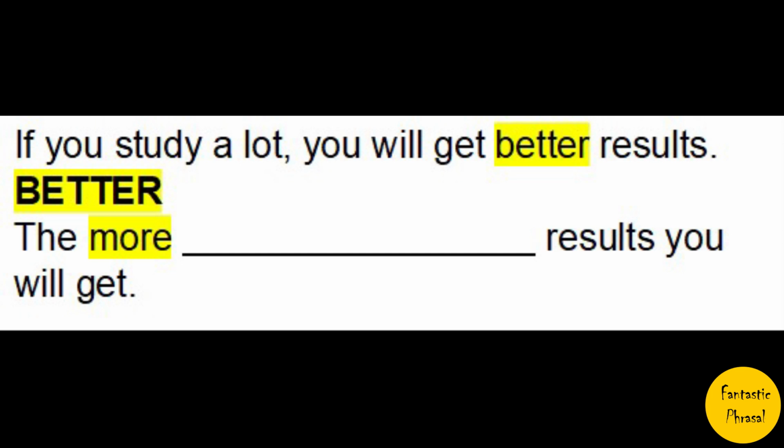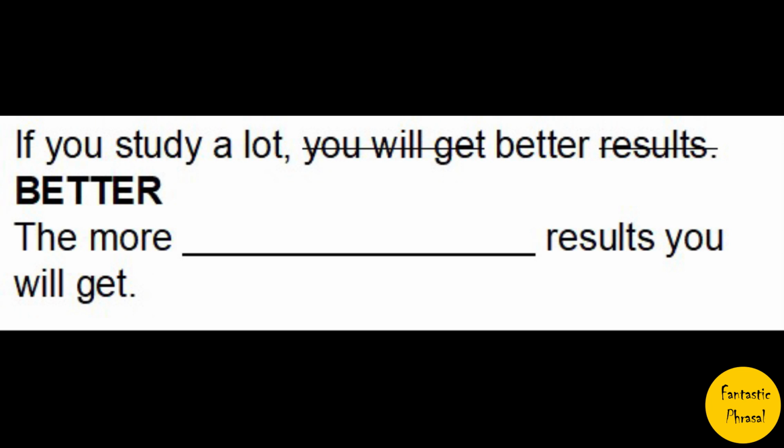Like with the previous question, we can cross out any information which is contained in both sentences. The words that are left are if you study a lot and better. In this question, we are given a big clue from the first two words of the second sentence.